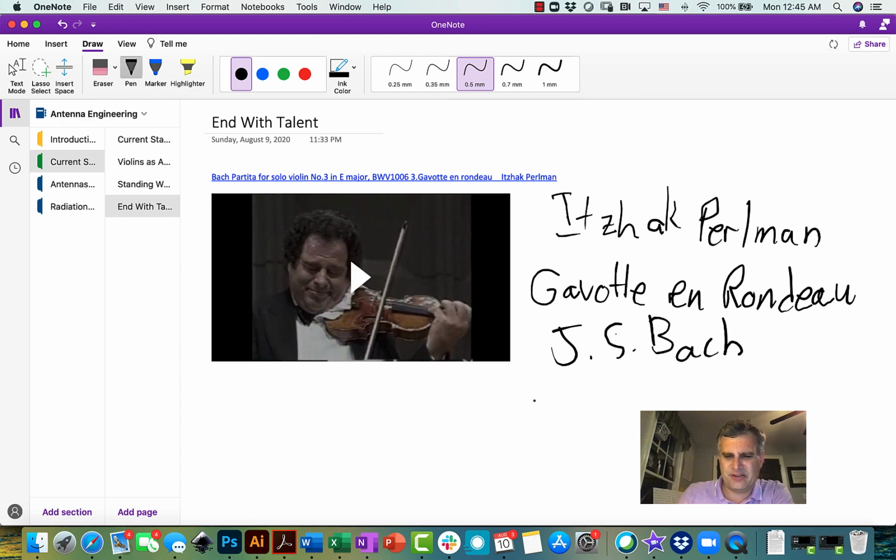A gavotte is a 4/4 piece in which the beat is felt on the third note, and this piece is considered one of Bach's many masterpieces.